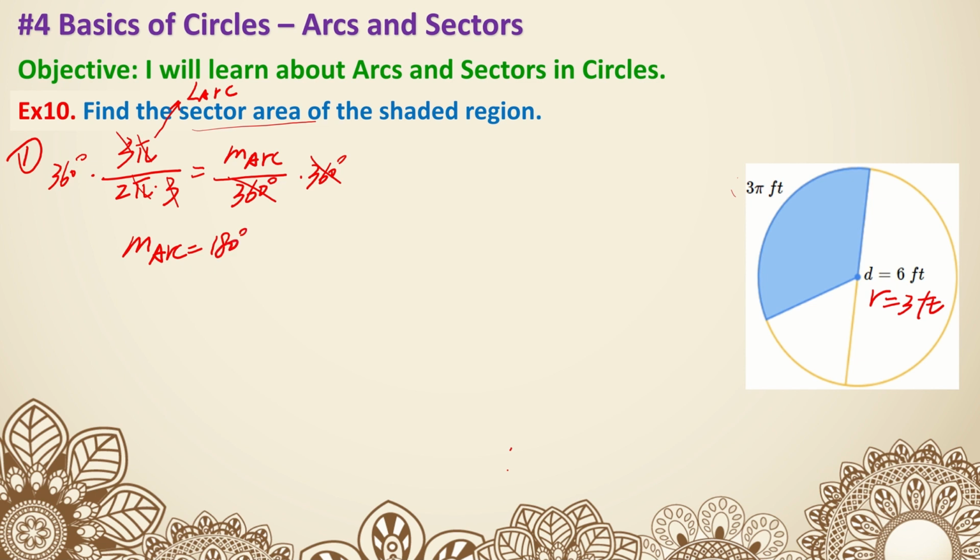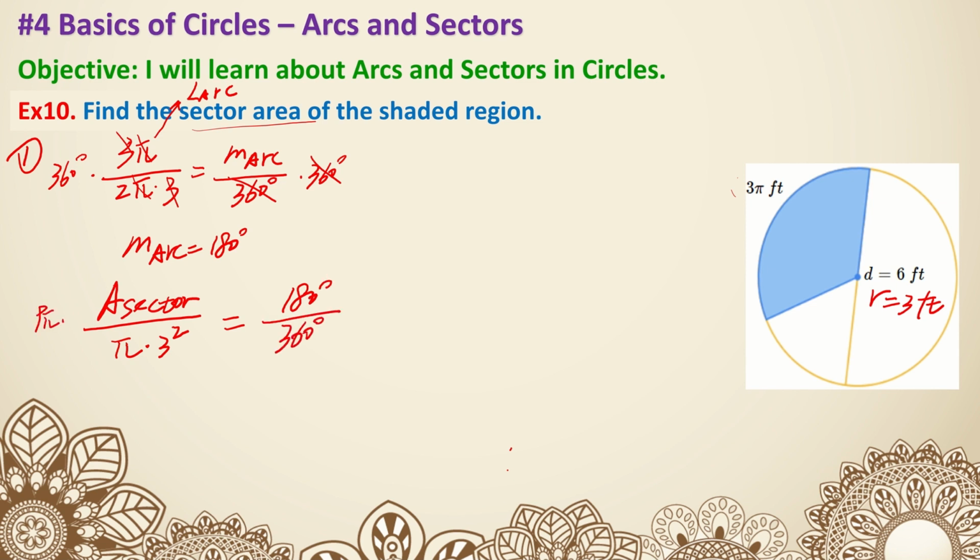Unfortunately, the graph is not fully right. That does not look like 180 degrees, but just know that is the result we got from the actual calculation. Since we found the measure of the arc, we're now going to find the sector area. The area of the sector compared to the whole circle's area, which is pi times my radius 3, so 3 squared, equals 180 degrees over 360 degrees.